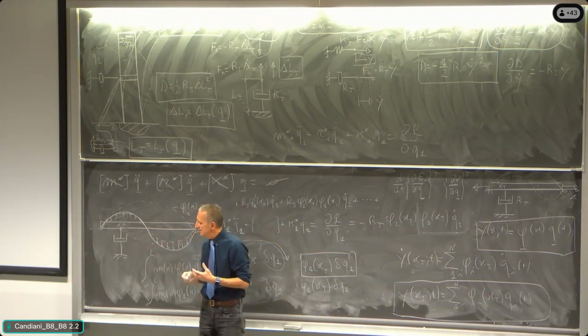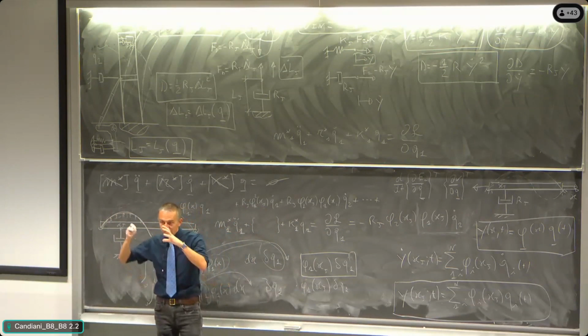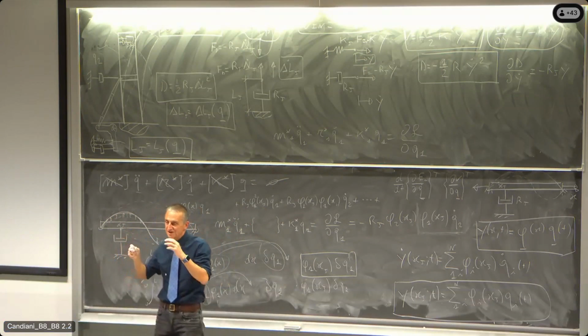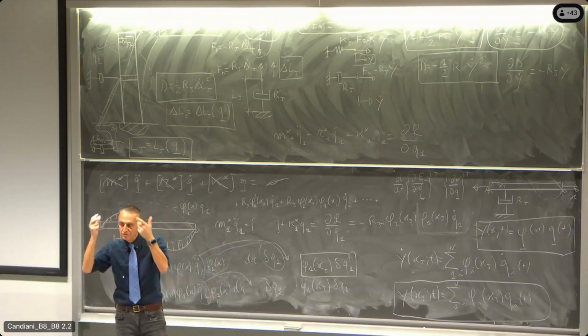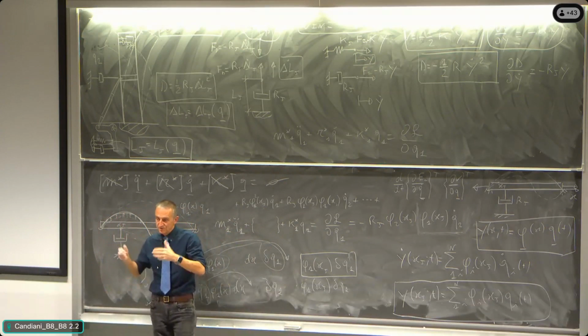So you could imagine that where you have a lot of mass, you have a lot of material, and so you have more dissipation. If the dissipation is proportional to the volume, for example, or to the mass, you have more dissipation because you have more mass.